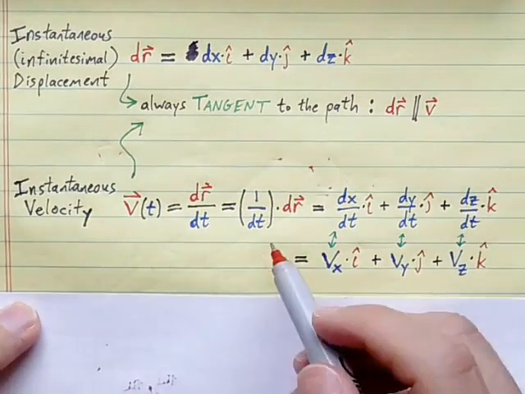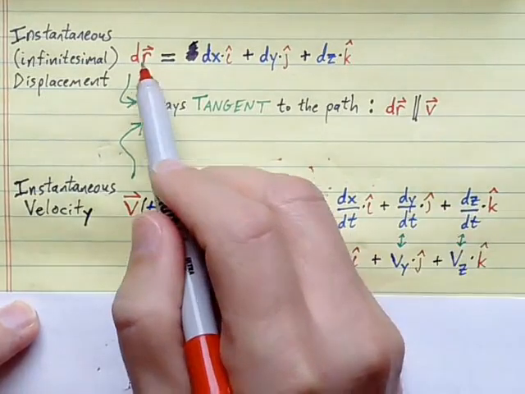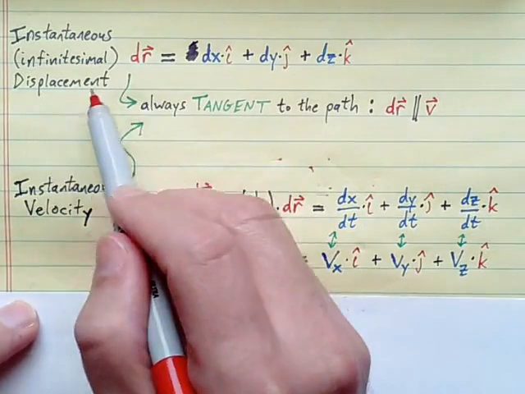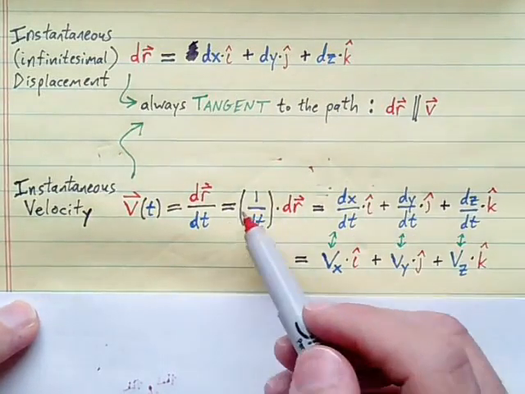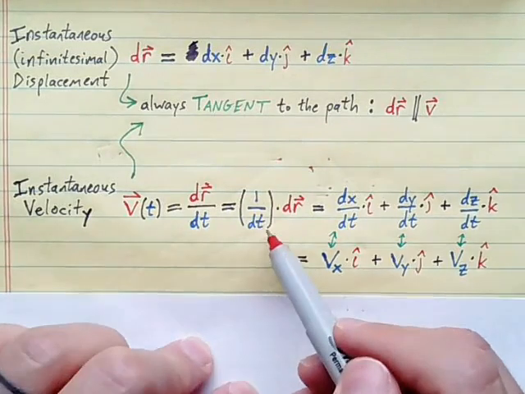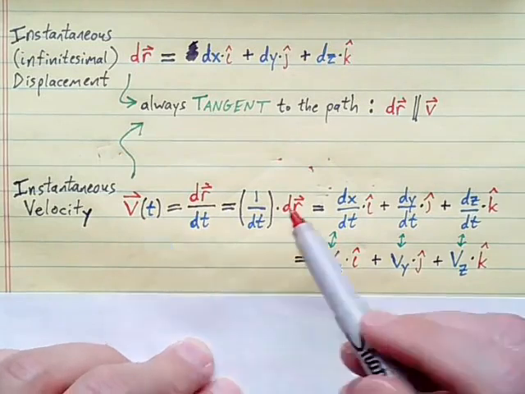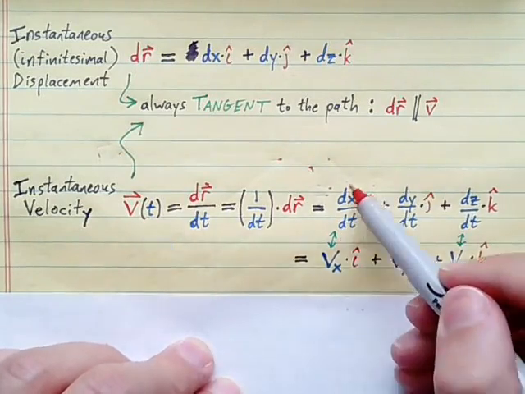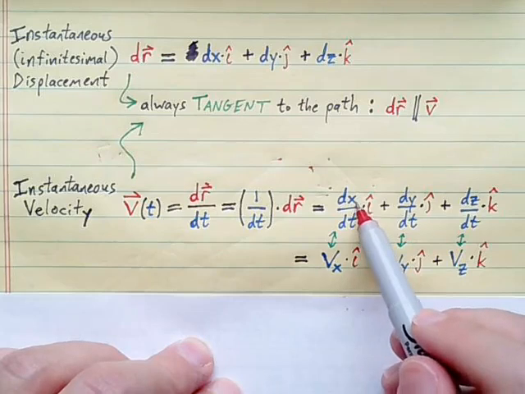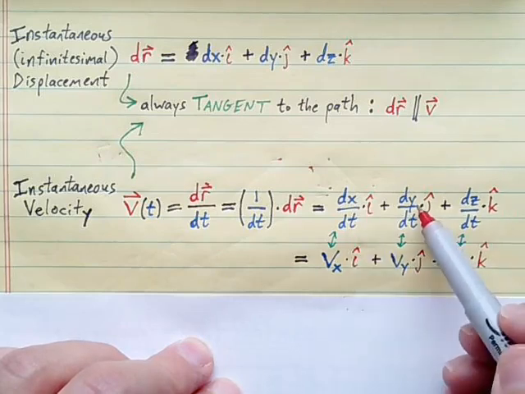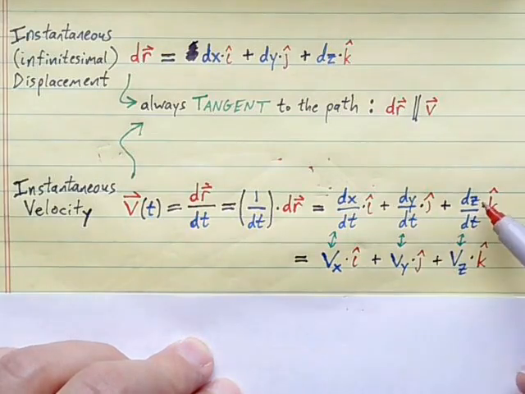So we can get the components of your velocity vector by taking the components of your instantaneous infinitesimal displacement vector, dx, dy, and dz, and dividing them by the infinitesimal time interval dt. So the components of the velocity vector are the derivative dx/dt, the derivative of the x-coordinate of your position with respect to time, then the derivative of your y-coordinate with respect to time, and the derivative of your z-coordinate with respect to time.